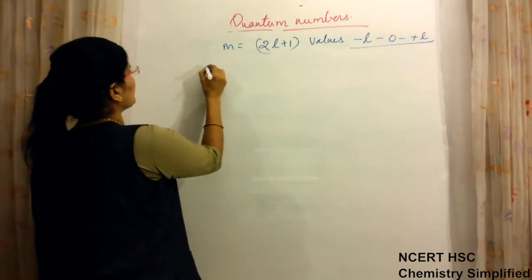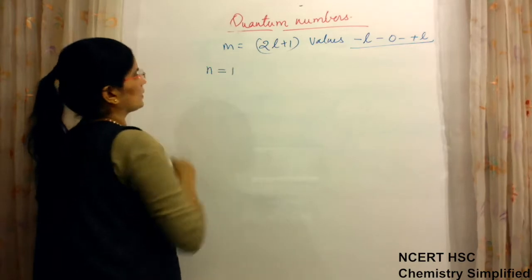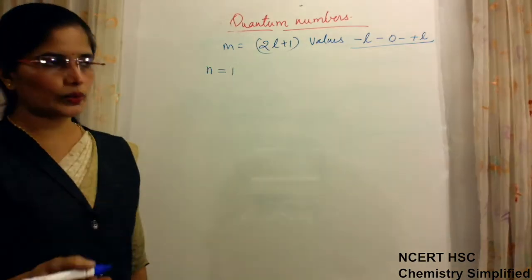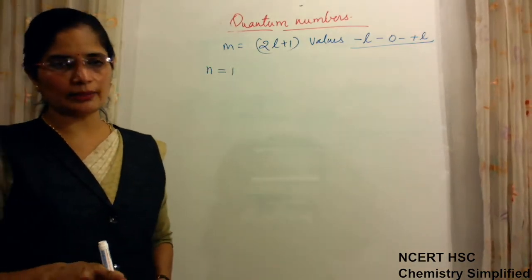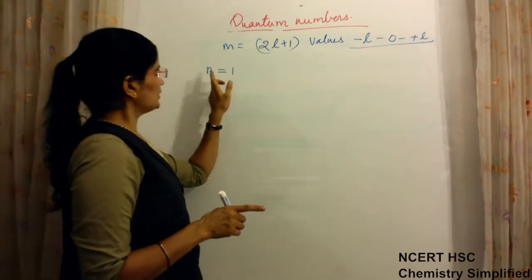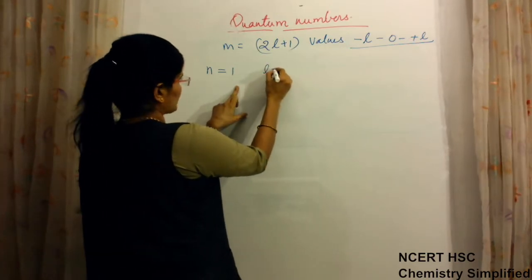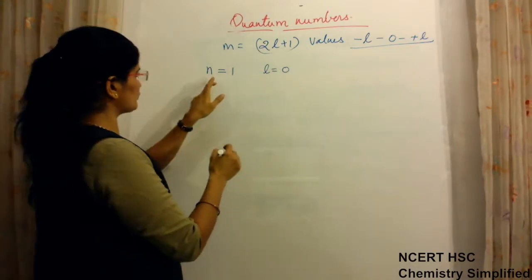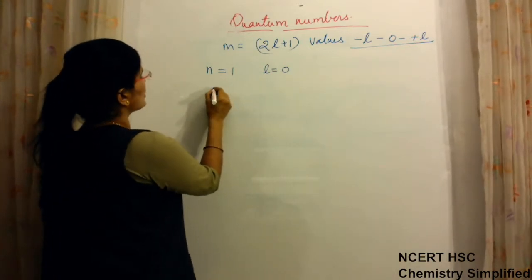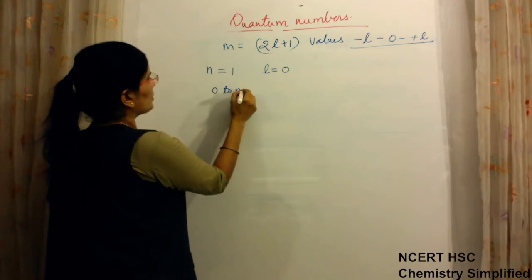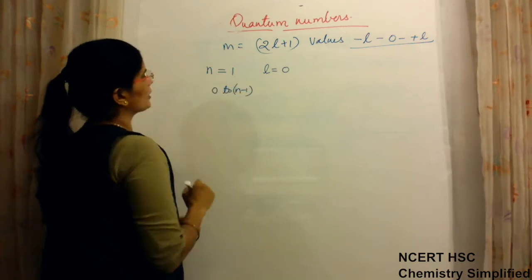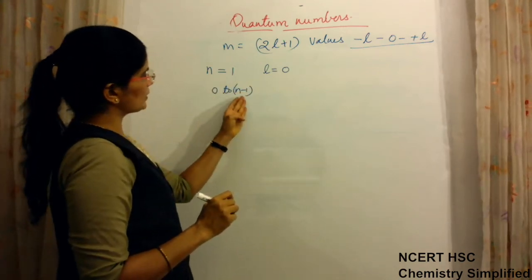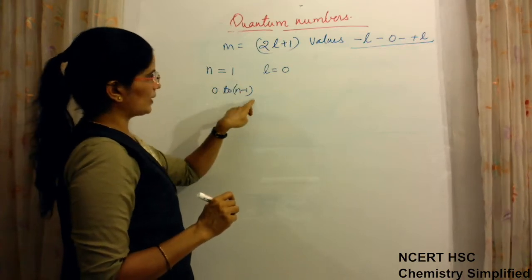We know that if n is equal to 1, that means we are talking about shell number 1. When n is 1, l is 0. How did this come? l is equal to 0 because we know that l has values from 0 to n minus 1. So 0 to n minus 1, and 1 minus 1 is 0.